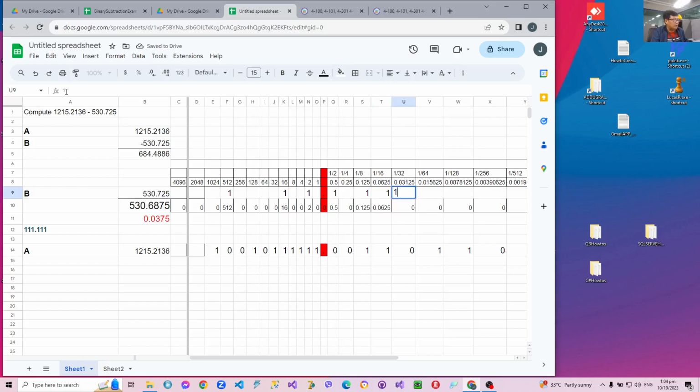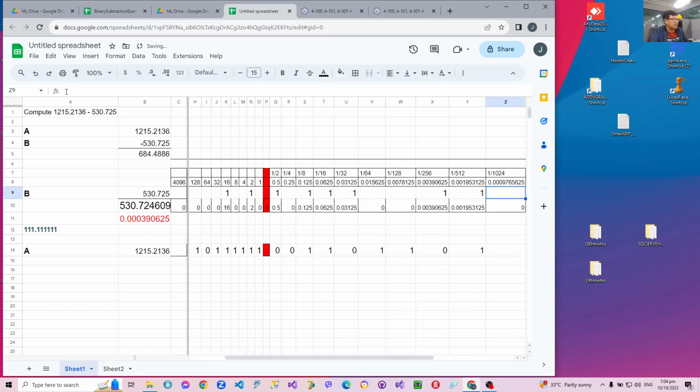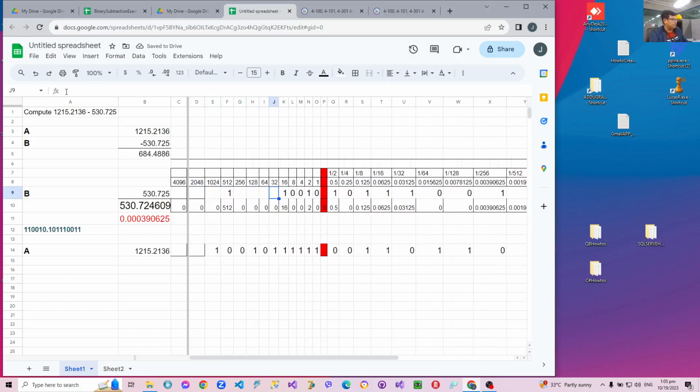We can pick 0.03125, and we can proceed to 0.003, and 0.0019 is okay, and that's the last. Like the usual case, we are going to start marking from the last one, going to the left, and replace them with zeros. Now we have marked B.